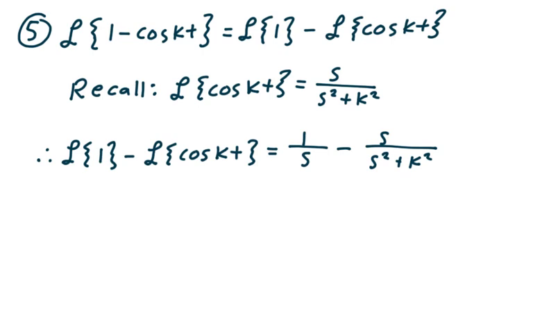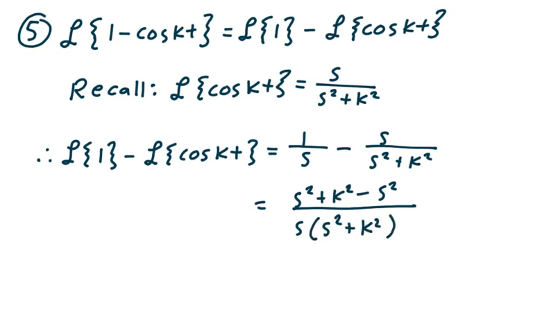If we go to simplify that, we get (s squared plus k squared minus s squared) divided by s times (s squared plus k squared). So what you're doing here is simplifying rational expressions. The s squareds cancel, and we get k squared divided by s times (s squared plus k squared).